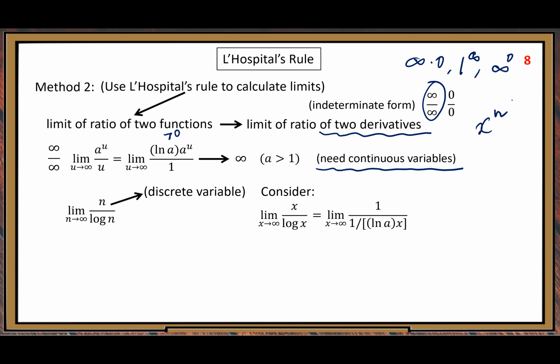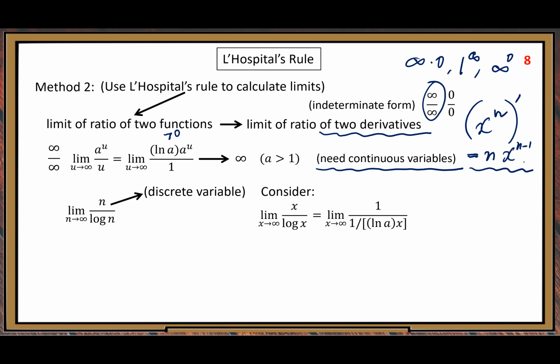For the power function, the derivative, where the prime means derivative, is n times x to the n minus 1, for any n. Here n equals 1, so it's 1 times x to the 0, which is 1.